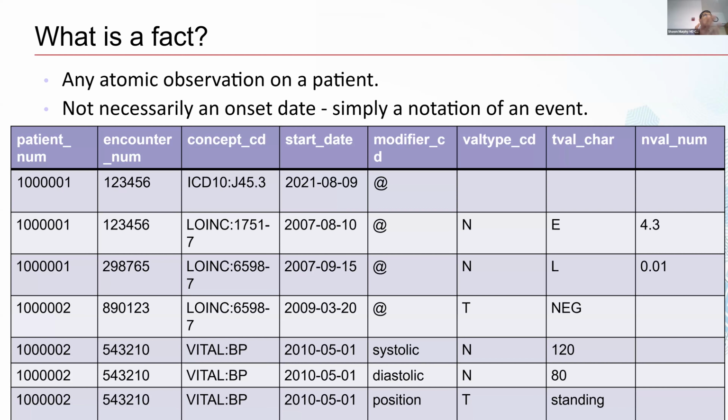A diagnosis code doesn't likely have a value associated with that. You either have diabetes or you don't. But a lab like hemoglobin A1C, you'd want to know what the actual value of that test is. So that goes in the appropriate column. There's a column for numbers, there's a column for text. There are various modifiers around that.